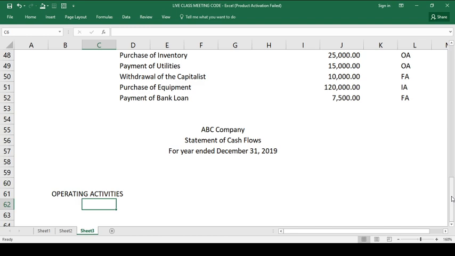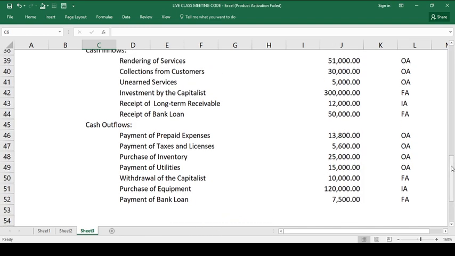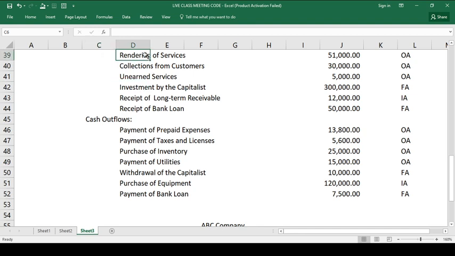What are our cash inflows? We have rendering of services, collection from customers, and cash inflow from unearned services.